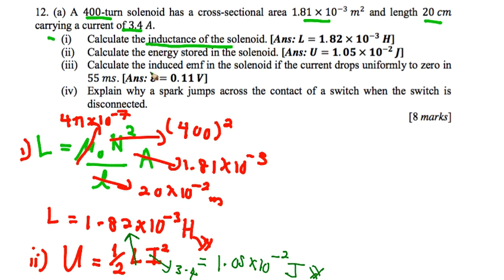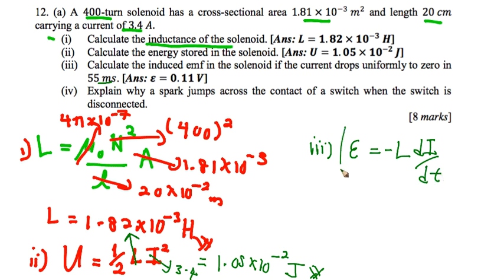Number 3, calculate the induced EMF in the solenoid if the current drops uniformly to 0 in 55 milliseconds. Now you can refer to the equation that relates EMF and inductance L. As you know, induced EMF is equal to negative L di dt.